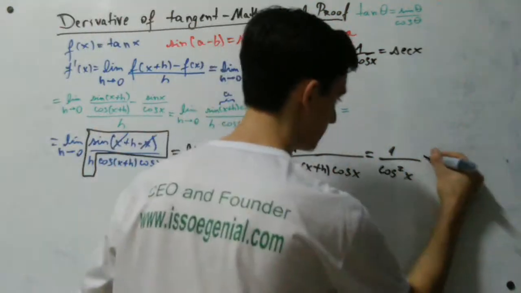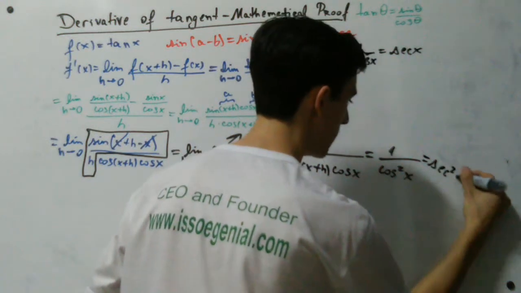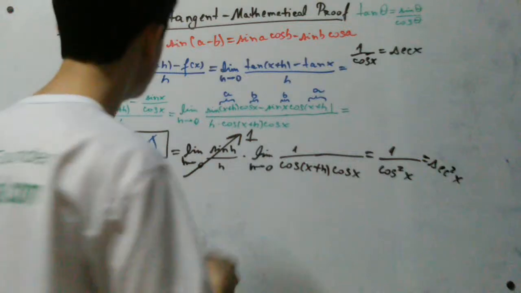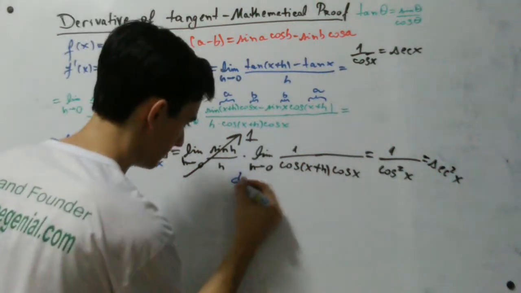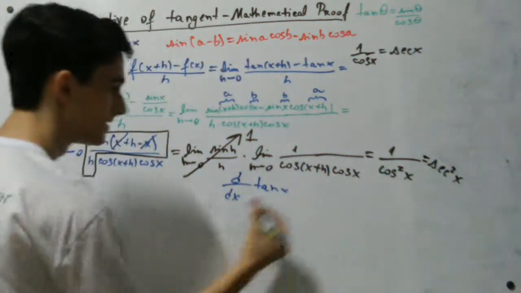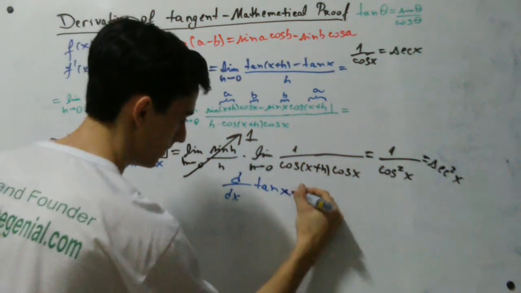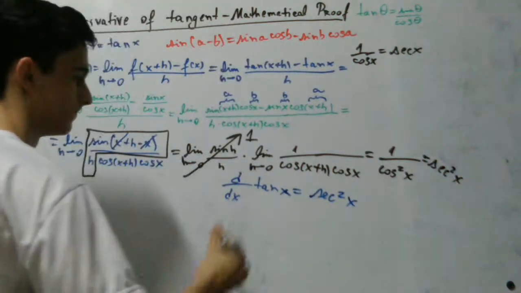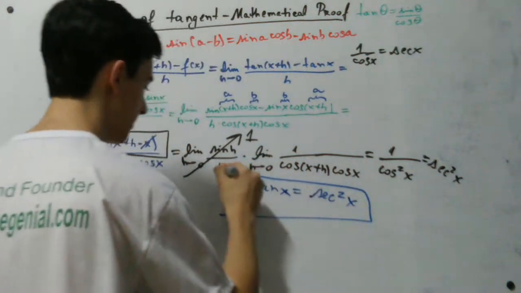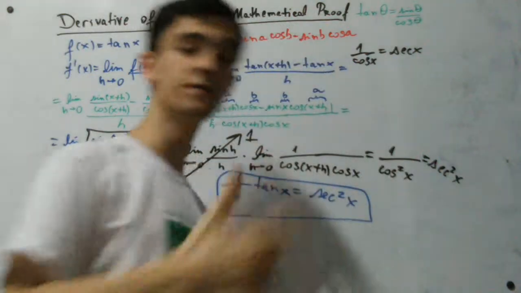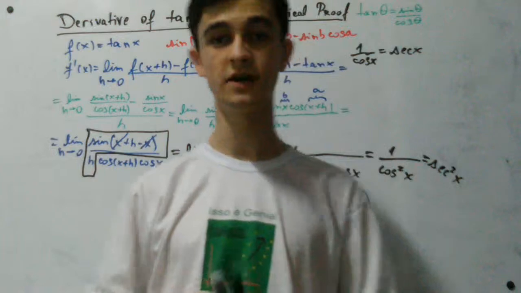So this is the secant squared of x. So we have just proved that the derivative d/dx of the tangent of x is equal to the secant squared of x. And we have just proved the derivative of one more trigonometric function.